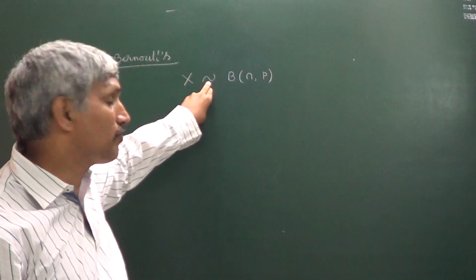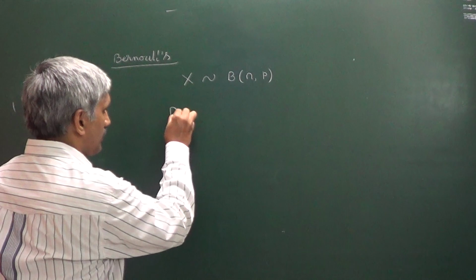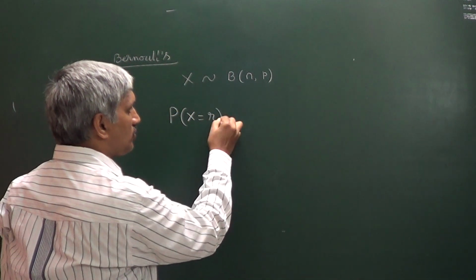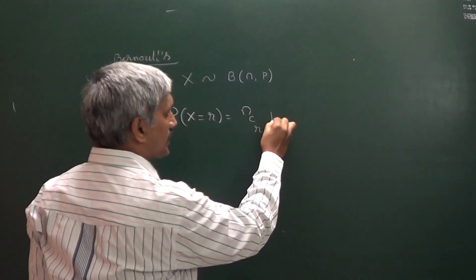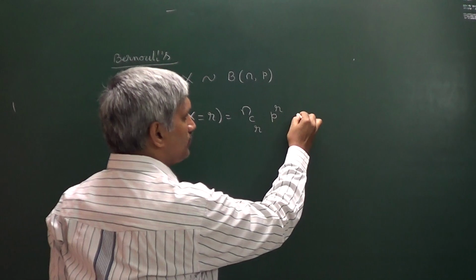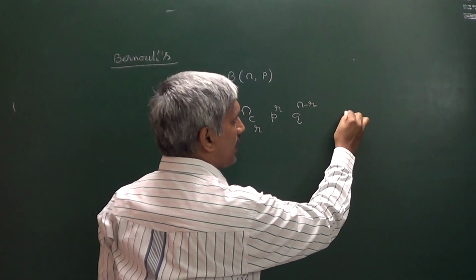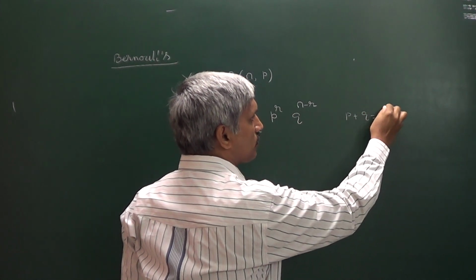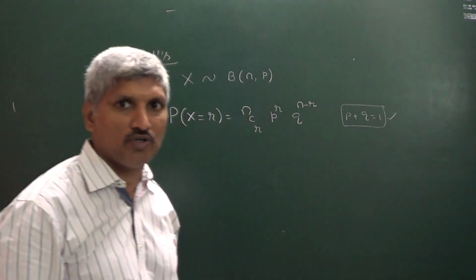X is said to follow a binomial distribution if its probability function is given by P of X equals R is equal to NCR into success power R into failure power N minus R, where success plus failure is always equal to 1. This is called a binomial distribution.